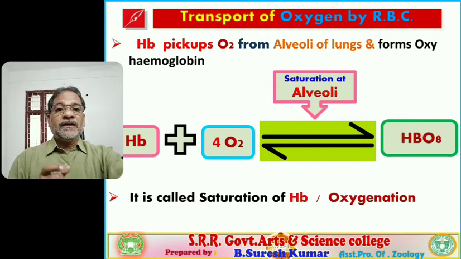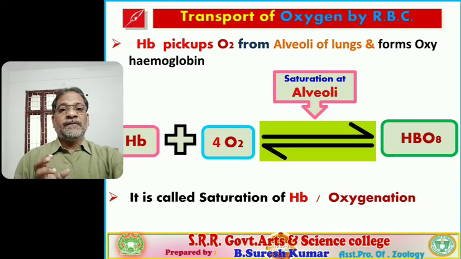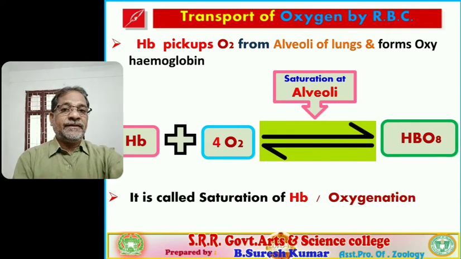If the oxygen tension is more, the hemoglobin is capable of binding with four oxygen molecules. Suppose oxygen scarcity is there, the hemoglobin may bind with three molecules, two or one. When the hemoglobin molecule binds with four oxygen molecules, that is termed 100% saturation.